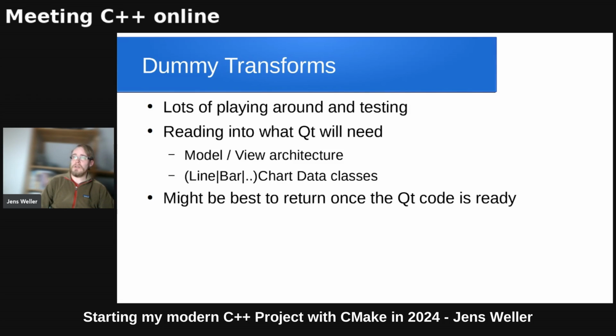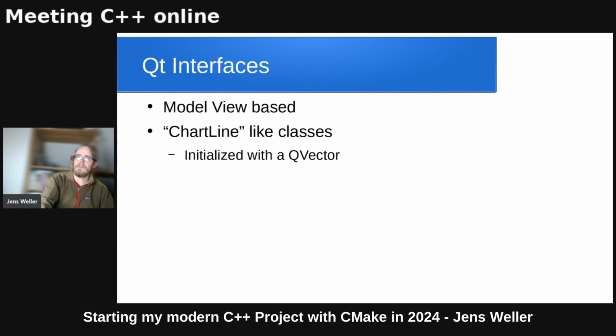And then there's also an easier way to do this, to basically have a Q vector be filled with the data, and then that is one row of bars in a chart data class, which you add to the graph. But this is something which I need to start implementing when I know what Qt needs and can test this against Qt.